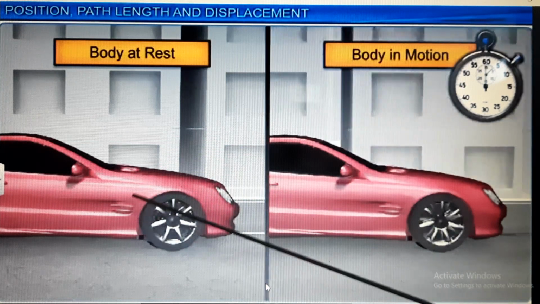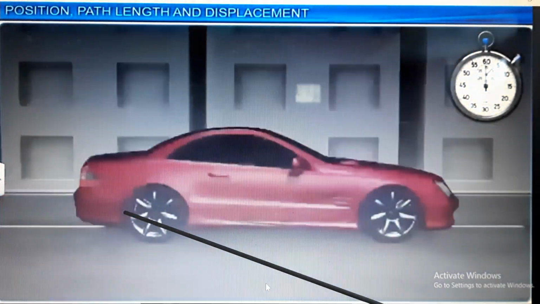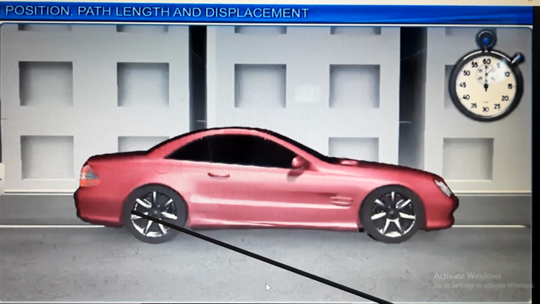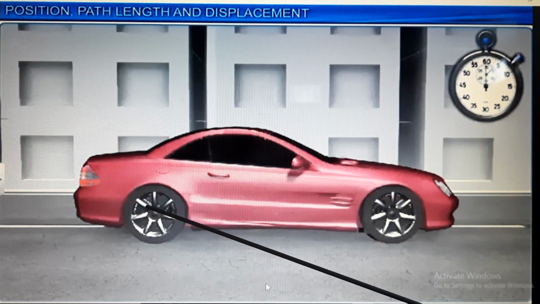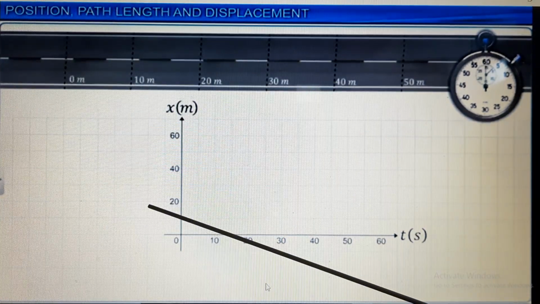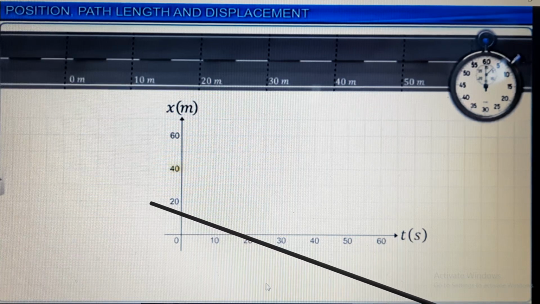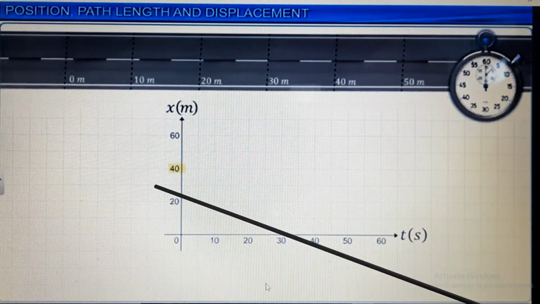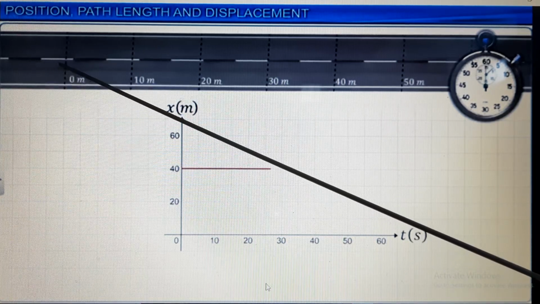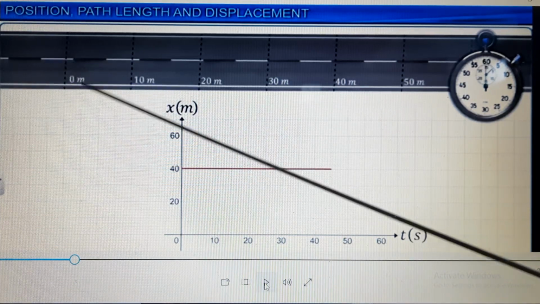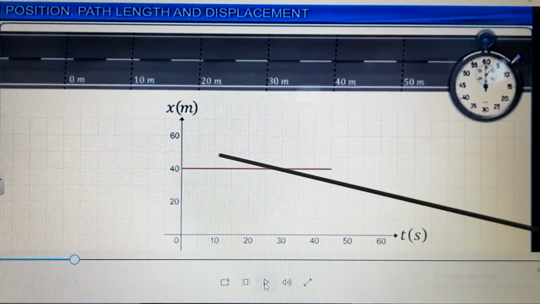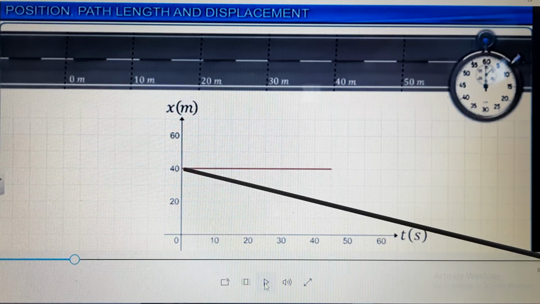Look here, with respect to time, this body is at rest because its position is not changed. But with respect to time, if the object changes its position, then it is in motion. Look here, now we have one car. Here it is steady. Means with respect to time, its position is not changed because its position is 40 meter.